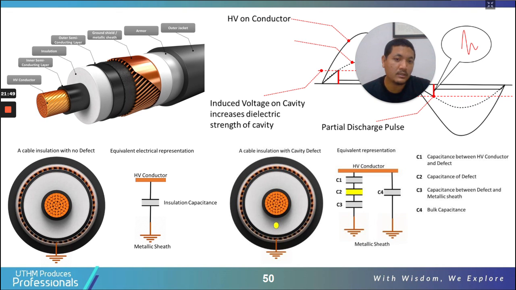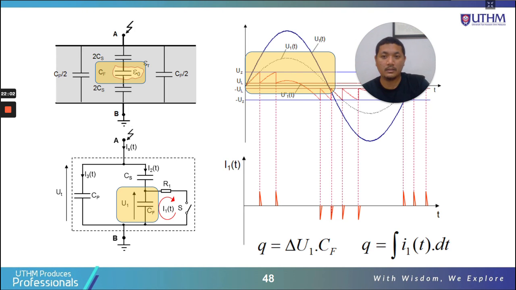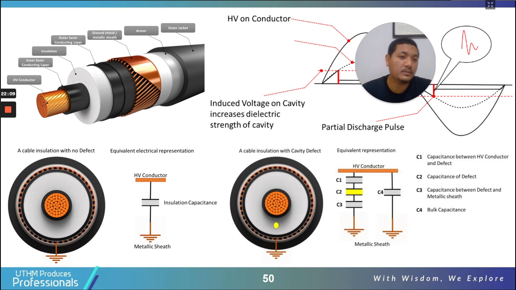So we have the HV conductor. C1 is the capacitor of the solid insulation, cross-linked polyethylene. C2 is the void. C3 and C4, very similar concept to this one, right? C1 is the capacitance between the HV conductor and the defect, from here to here.